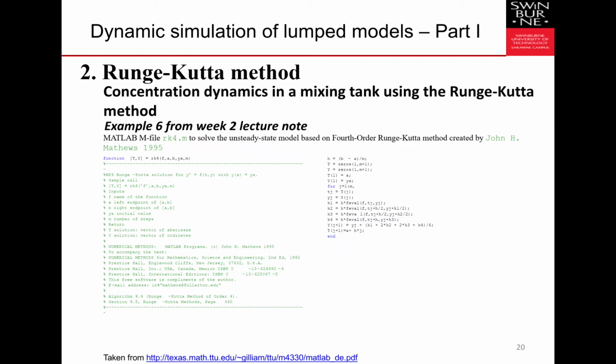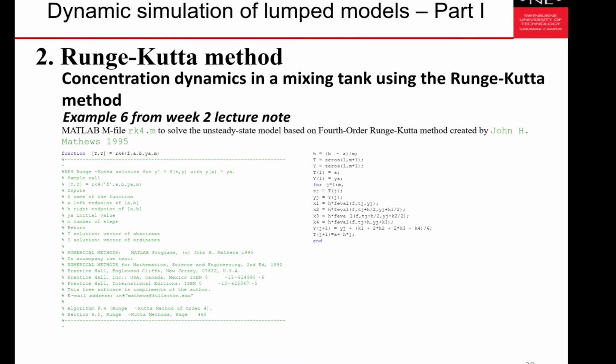This here shows the details of the RK4 M-file function that you can use to solve the previous example. What is implied here is that f is the name of the function, a is the left endpoint, b is the right endpoint, ya is the initial value of your, in this particular case, concentration, and then m is the number of steps.